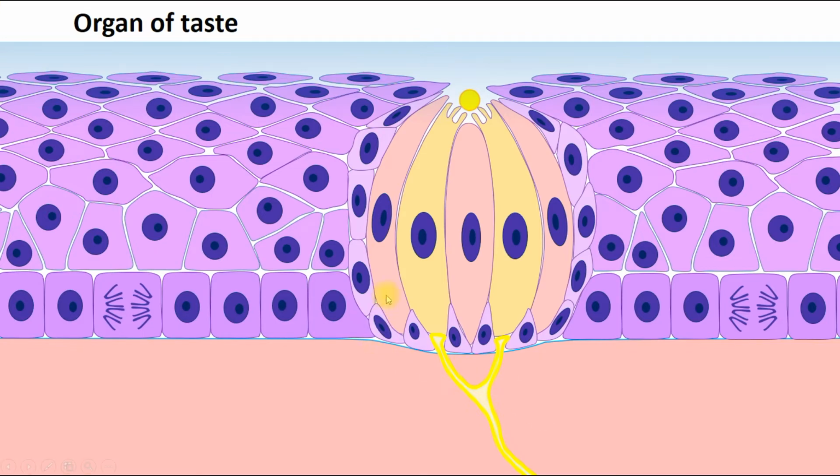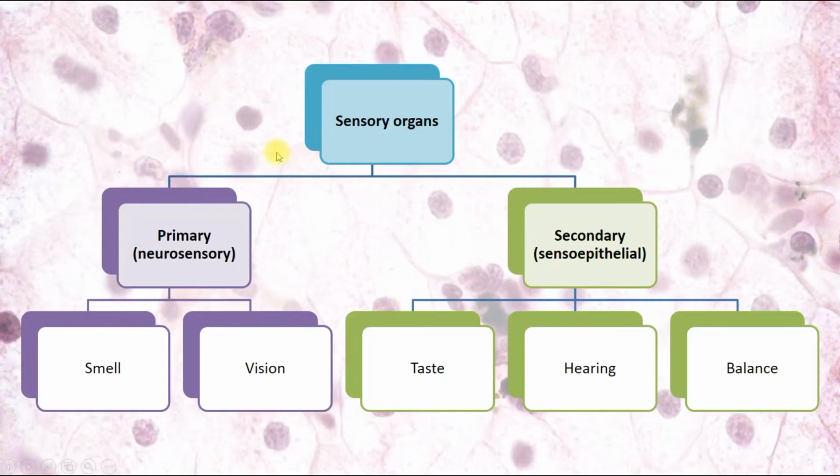So we have two basic types of sensory organs, primary or neurosensory organs and secondary or sensory epithelial organs. Primary or neurosensory organs have a direct type of conduction of information from the outer environment. This information goes directly to the sensory neuron.